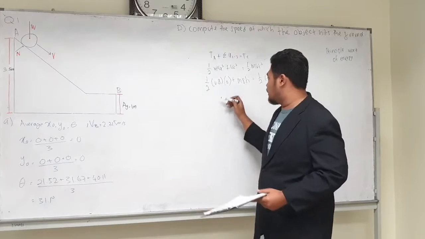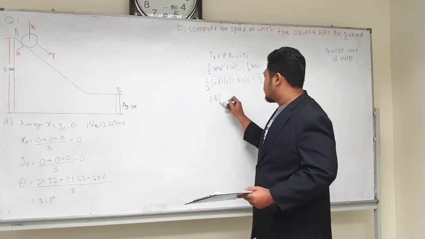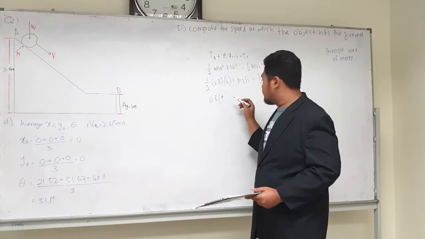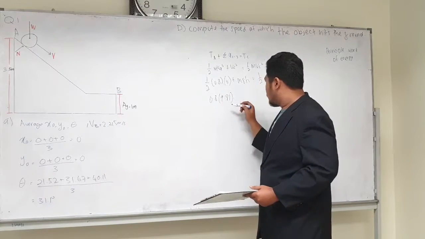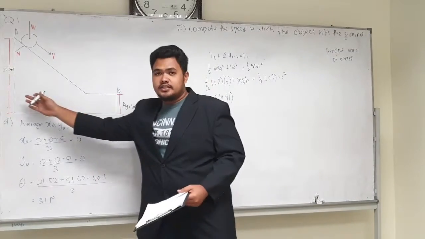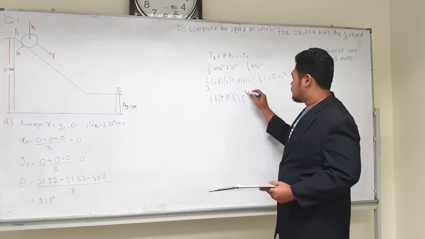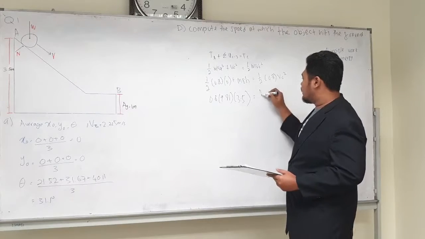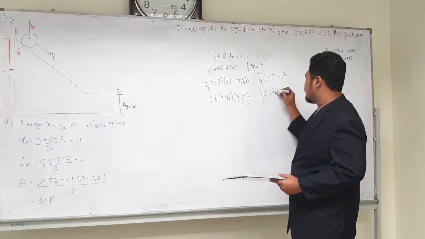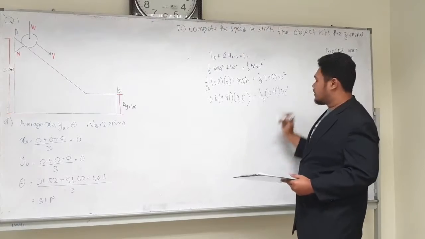The mass is 0.8, the gravity is 9.81, and the height is 3.5 meters, equals 1 over 2 times 0.8 VC squared.